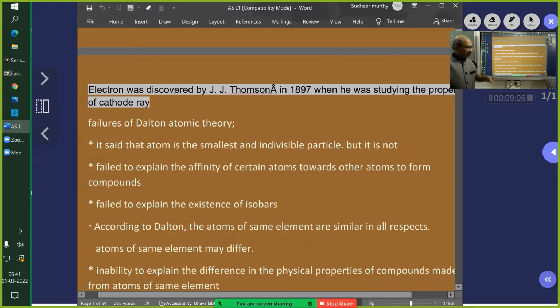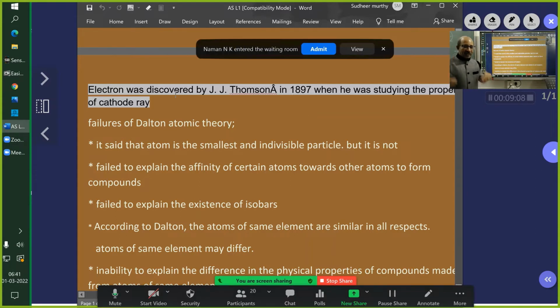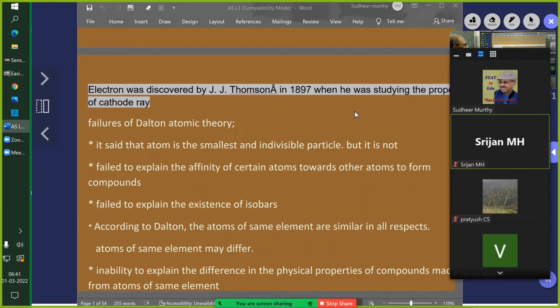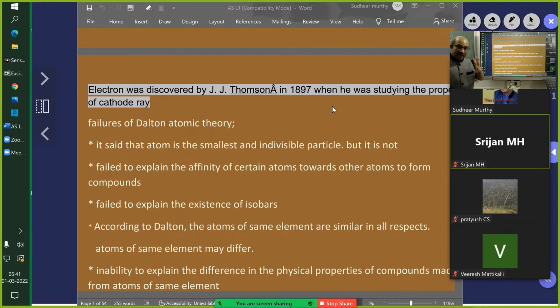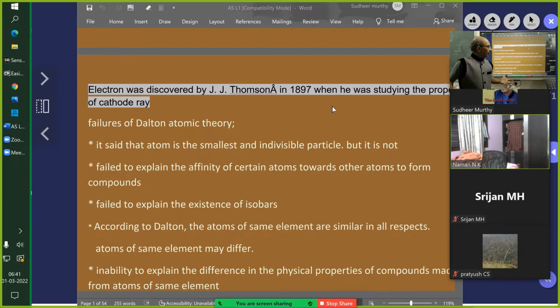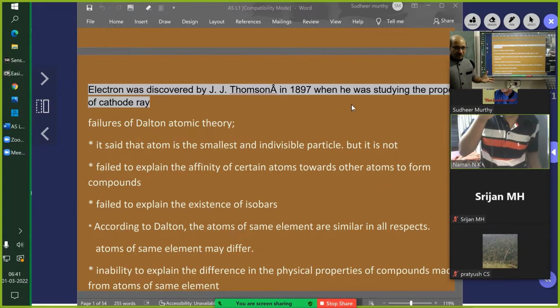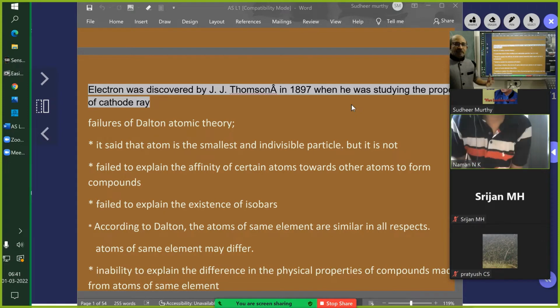And science is like that. Many things that I studied in my yesteryears do not stand today. Science has changed over the years. Most of the discoveries have happened accidentally. Thomson was conducting some experiment and he discovered electrons.